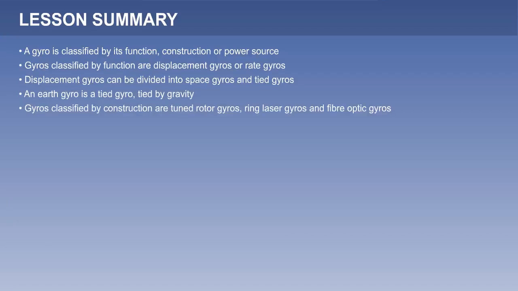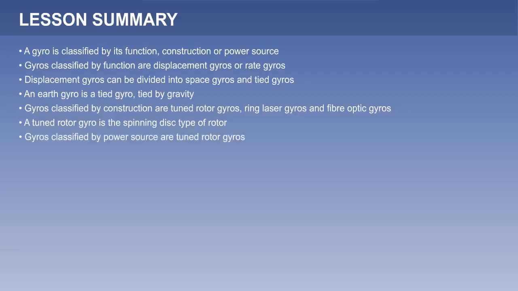Gyros classified by construction are tuned rotor gyros, ring laser gyros, and fibre optic gyros. A tuned rotor gyro is the spinning disc type of rotor. Gyros classified by power source are air-driven or electrically driven. By convention, the degrees of freedom of a gyro do not include its own spin axis.